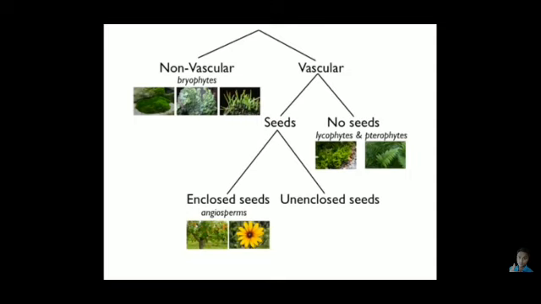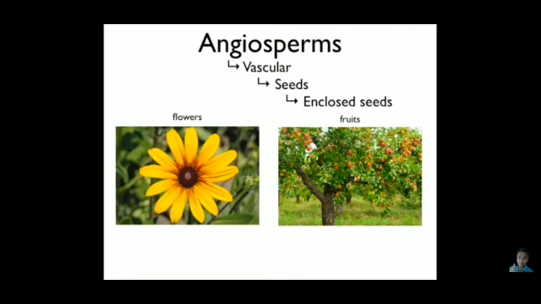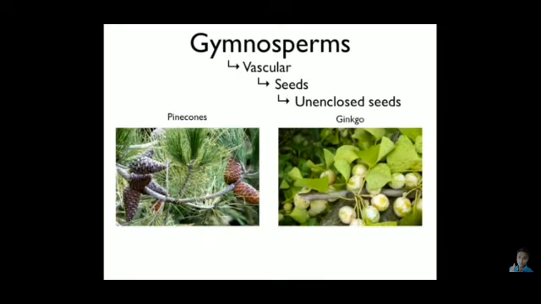The best example would be any flowering plant which you see in our surroundings, like the hibiscus plant or sunflower plant, where the seeds are finally inside the fruit. Before that, there is a gymnosperm shown here with vascular seeds, but the seeds are not inside the fruit.